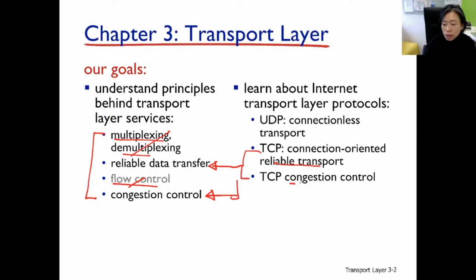Now you can imagine UDP being very simple, right? It's a connectionless transport layer service versus TCP being connection-oriented. So in UDP, you don't need to set up something ahead of time before we send data. But TCP, you need to have a setup process before we begin to send data packets.